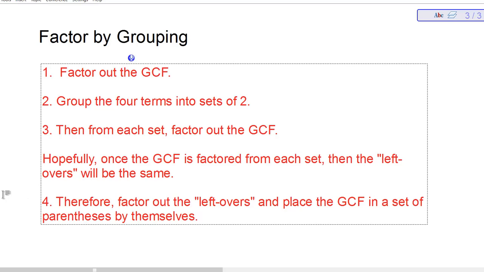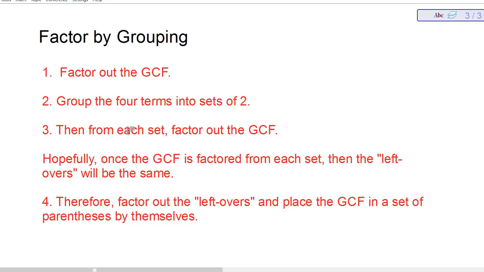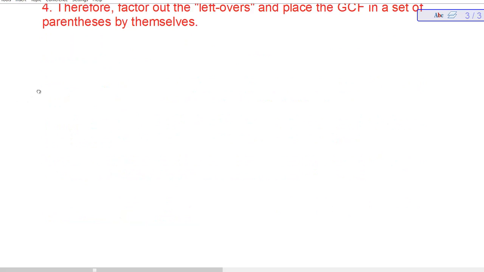Okay? So these are the steps that we're going to follow when we factor by grouping. Sometimes we have to rearrange our factors, but most of the time we can factor them as is. So let's start with some examples.